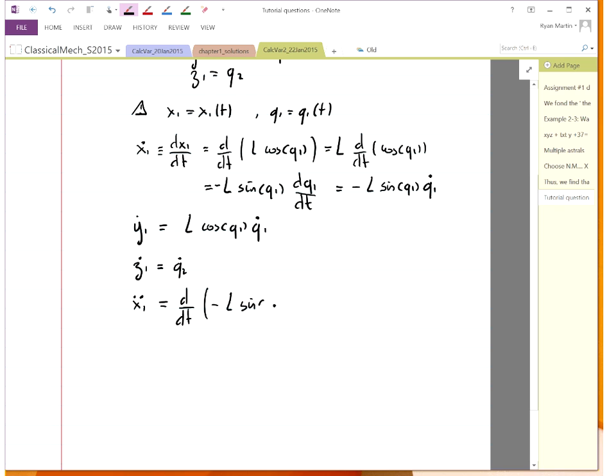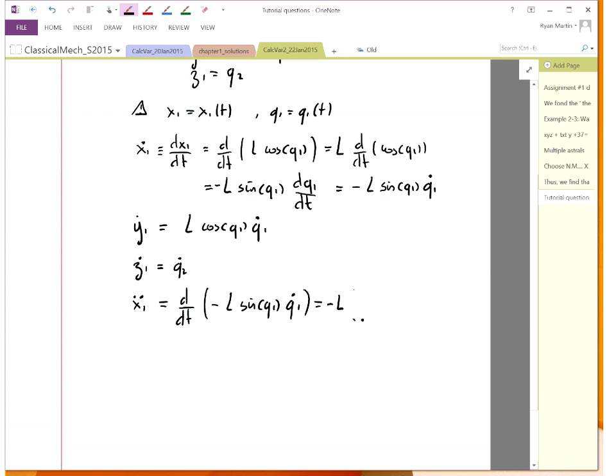minus L sine of q1 dot, right? So again, the L is a constant. So now it's the product rule, and the chain rule. So it's d by dt of sine of q1 times q1 dot. It's like d by dx of f times g is f prime g plus f g prime.